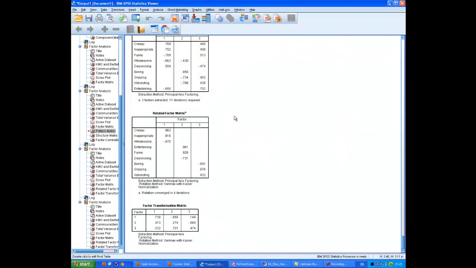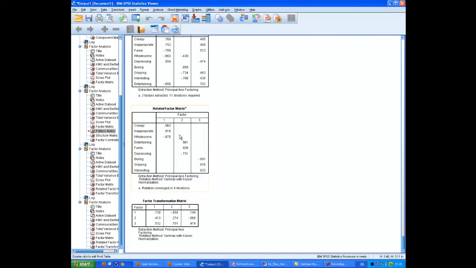We just have one rotated factor matrix to look at, and this shows a very simple structure. We see that 3 of the variables load very highly on factor 1, which means that they correlate highly together. Another 3 load very highly onto factor 2, and the final ones load onto factor 3. And that is basically how you do a factor analysis.